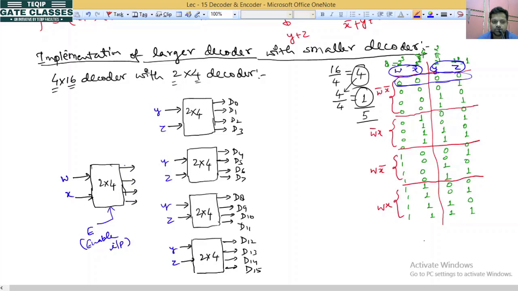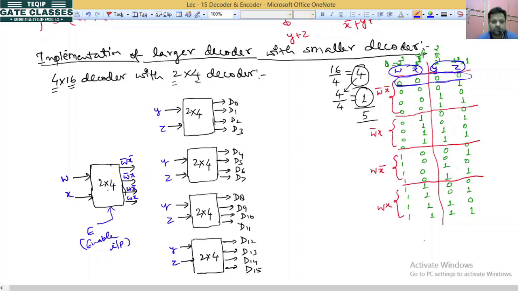So what will be the value of these four? It will be w bar x bar, w bar x, w x bar, wx, because a decoder generates all the min terms. For n variables, it is an n cross 2 to the power n decoder.